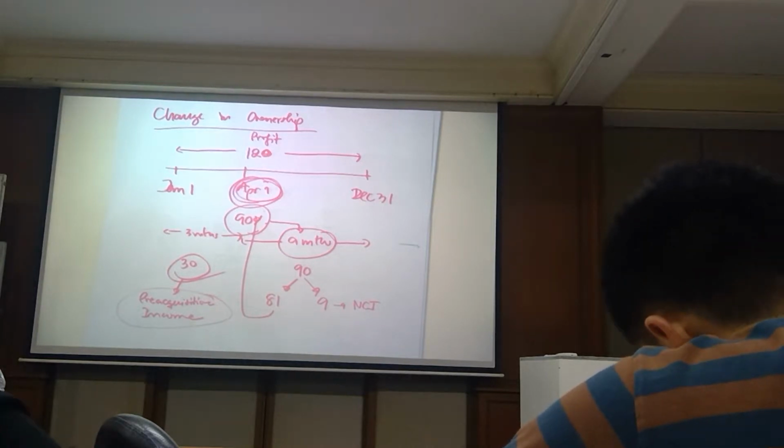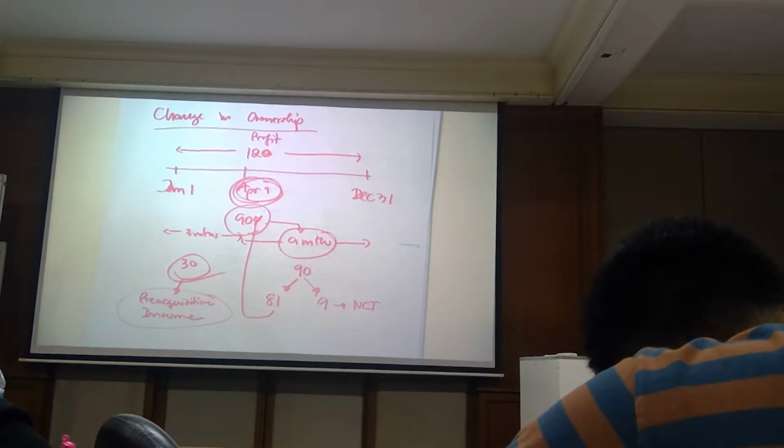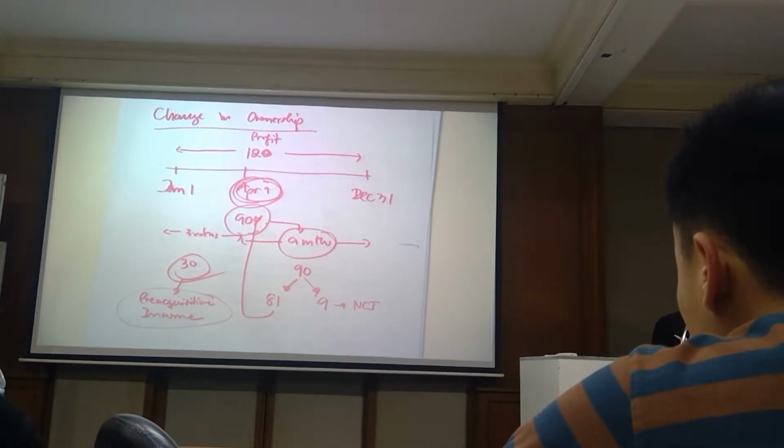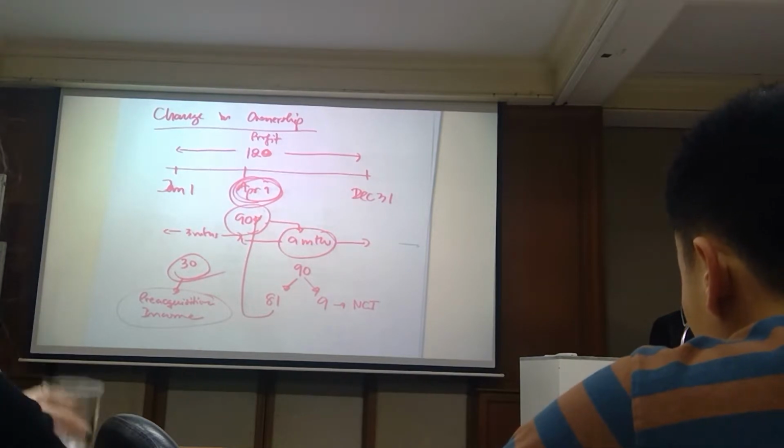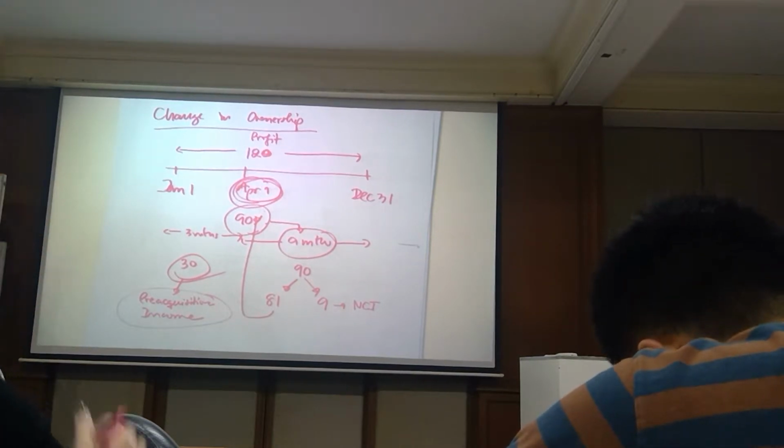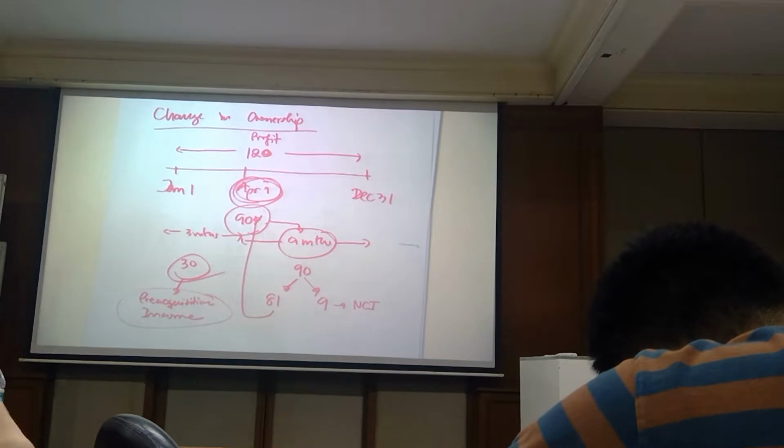Pre-acquisition income. All right, I'm not going to teach you how to do it, but tell you the meaning of that. The first case is that you acquire the company during the year.